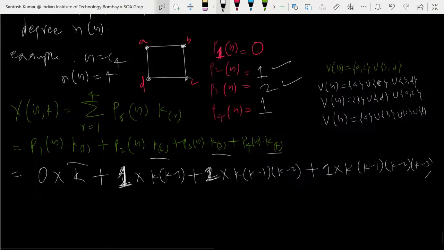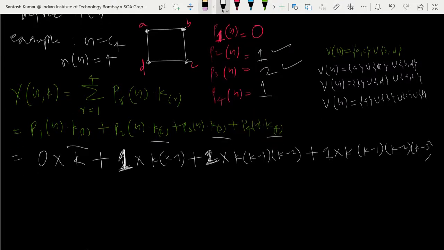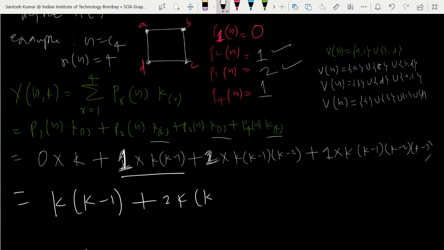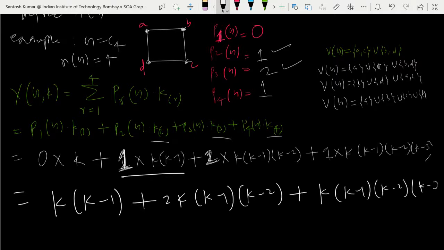Finally, let's simplify this. First, 0 into k is 0, so no worry, just write 0. This is k into k minus 1, plus 2k(k minus 1)(k minus 2), plus k(k minus 1)(k minus 2)(k minus 3).